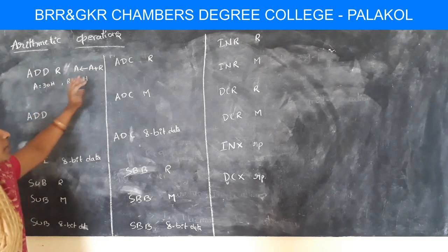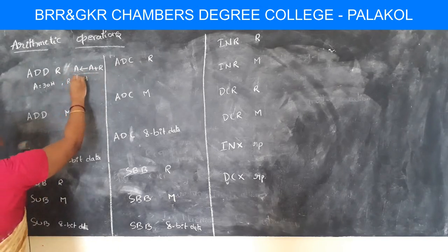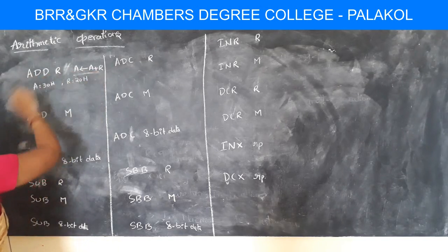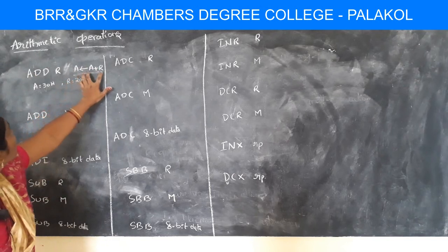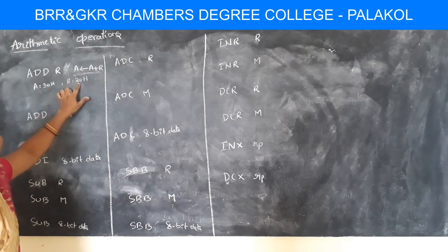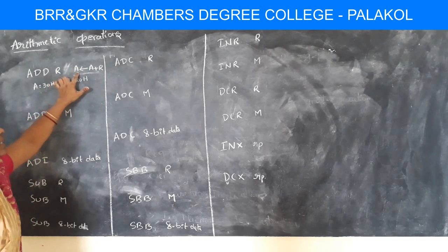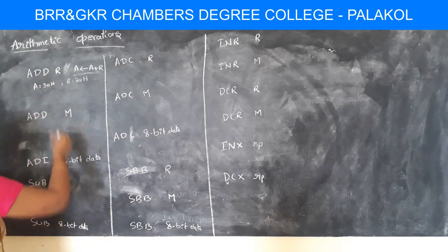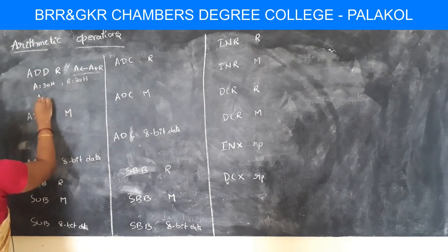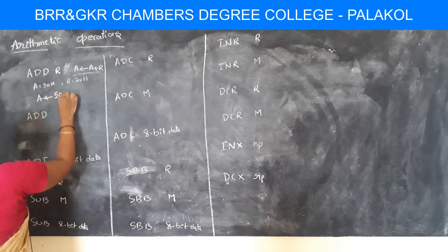The contents of A are added to the contents of R, both are added and the result is stored in the accumulator. Therefore the meaning of this instruction is A tends to 30 plus 20, that is 50H.